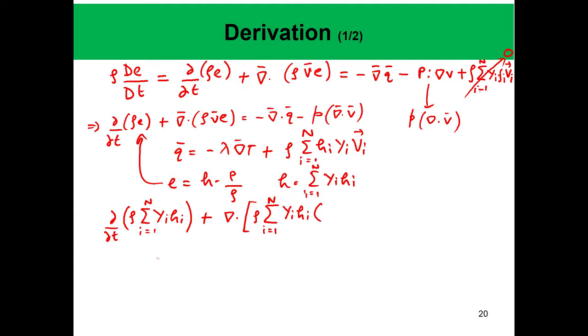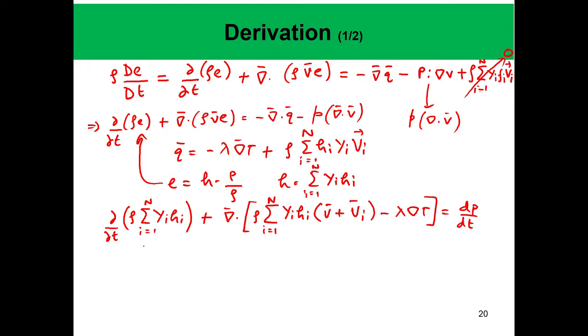this is the transient term, partial derivative with respect to t of rho times the summation y I h I, plus this is the divergence of the bracket density times the summation y I h I times v vector plus v I vector, minus lambda grad T. I will explain this term in a second, is equal to dP/dt.